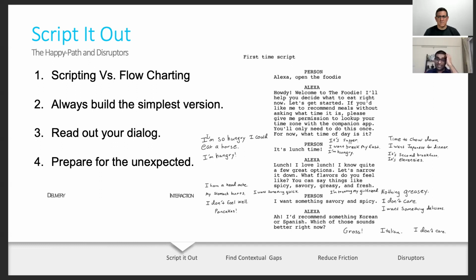Now, traditionally, a lot of people start to think of flow charting whenever they have an idea in their mind that this is what the user is going to say. But it's going to be so difficult when you try to build a skill in a flowchart. I've seen a lot of complex skills being built on flowcharts, and let me just say it was not a pleasant sight to look at that flowchart, right?